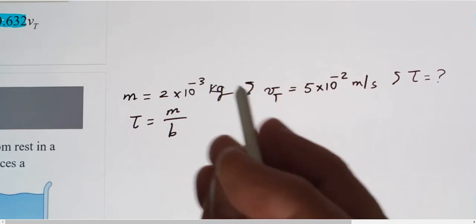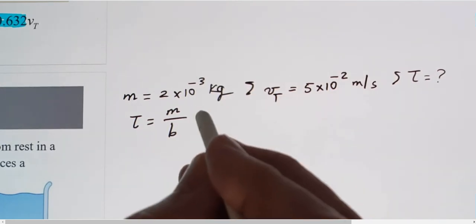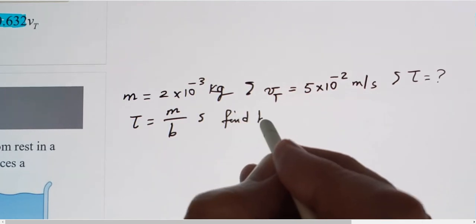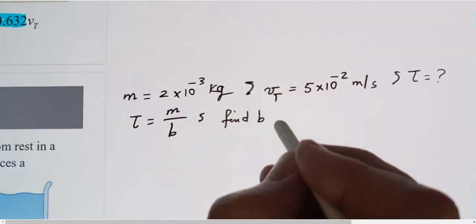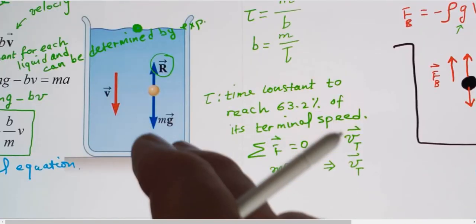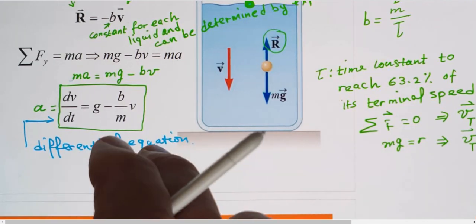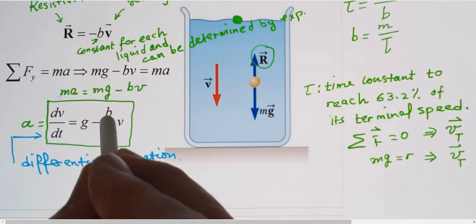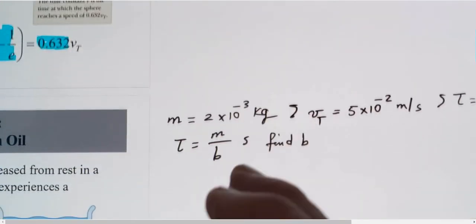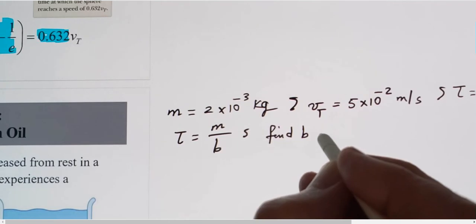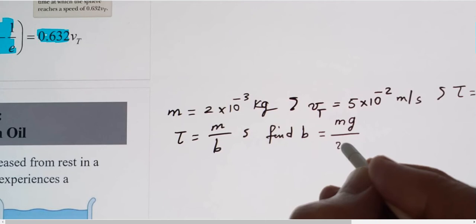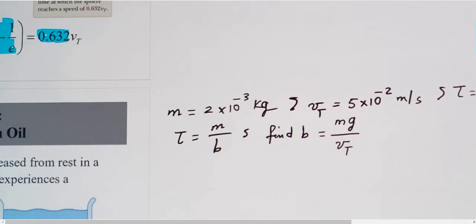So let's find b. But we know that also b from here, b is equal to mg divided by the terminal velocity.